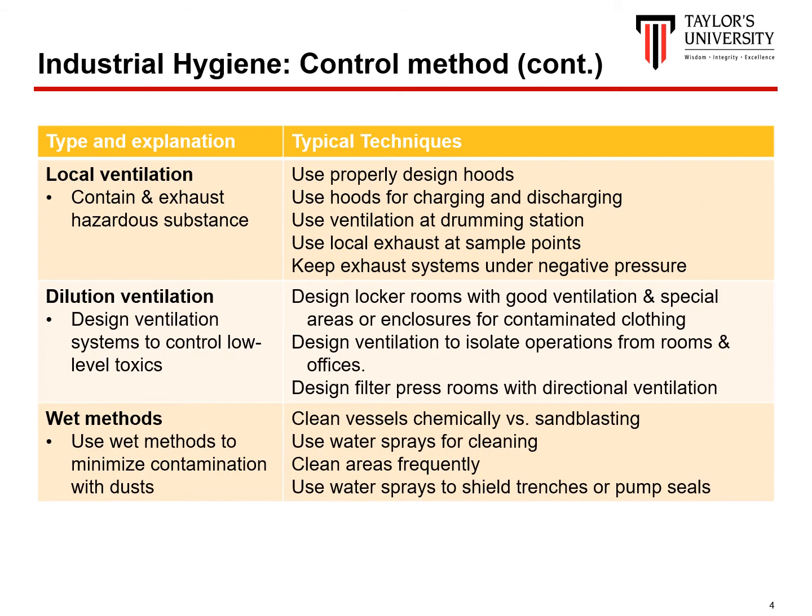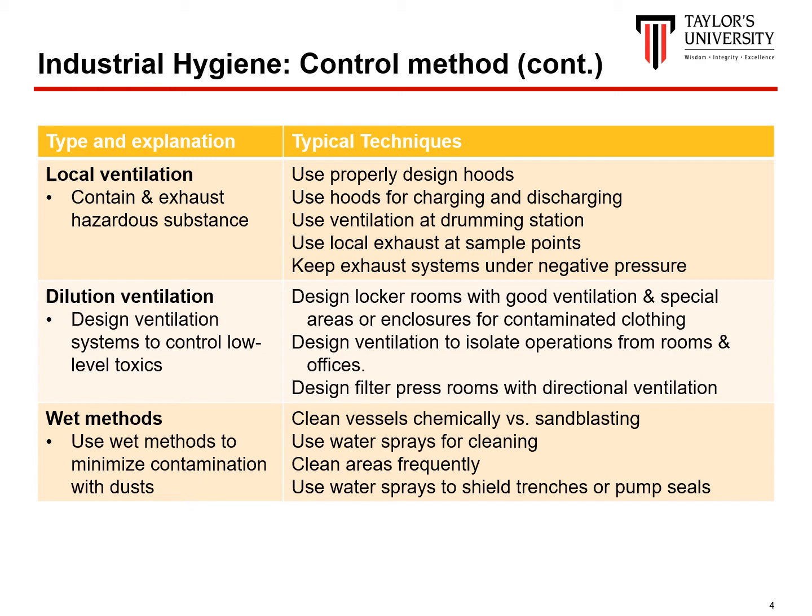Another good control is ventilation of the environment, and there are two types. One is local ventilation. The use of a fume hood, for example, is local ventilation. Another method is dilution ventilation, designing a ventilation system to control low-level toxins.